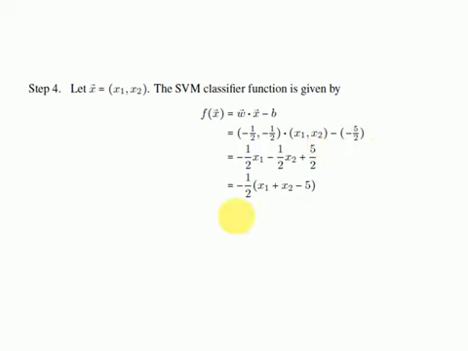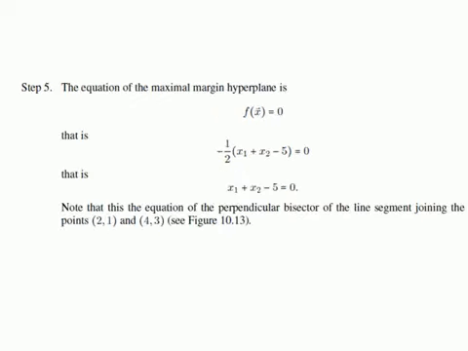We just expand this to get the equation of the separating line. Now the equation of the maximum marginal hyperplane is f of x is equal to 0, or we assign this to 0 and rearrange the terms to get x1 plus x2 minus 5 equal to 0.